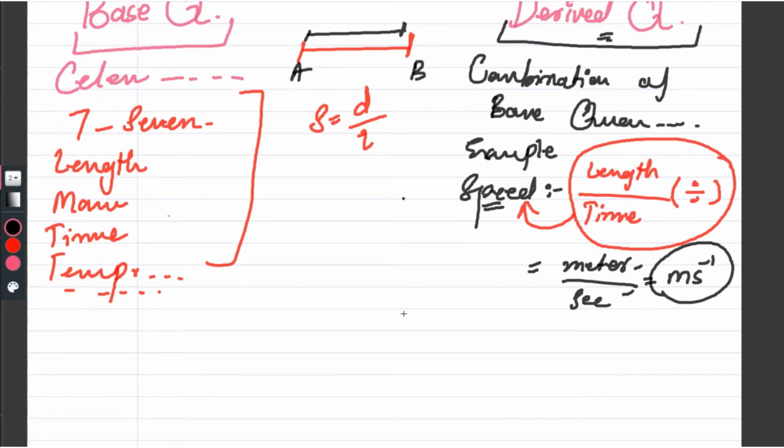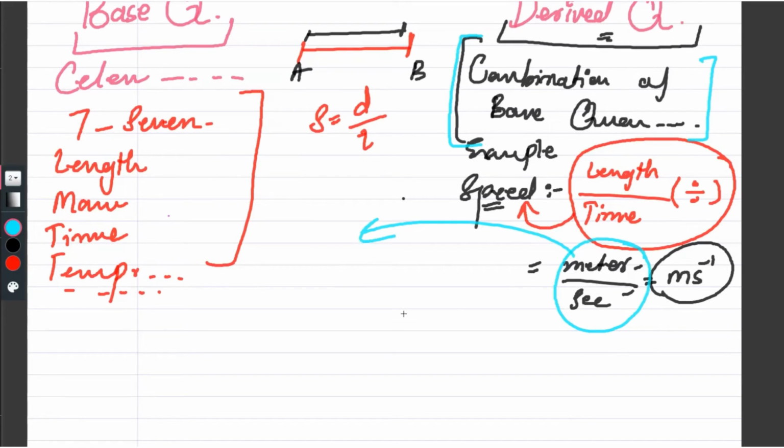Just remember my words that Miss Binte said: derived quantities are a combination of base quantities, and their units will be a combination of base units for sure.